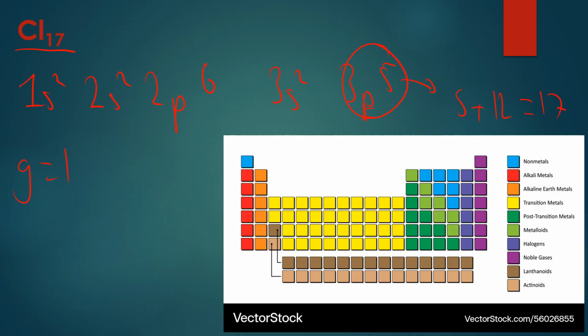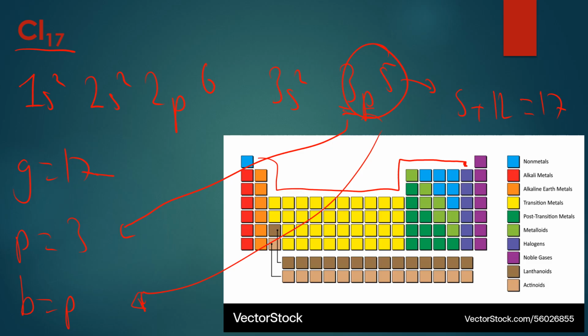So group equals 17, period equals 3 because it's the biggest one, and block equals P because this is the last one. So we have to go 17 units here, and period 3, which is this one. So it ends up here.